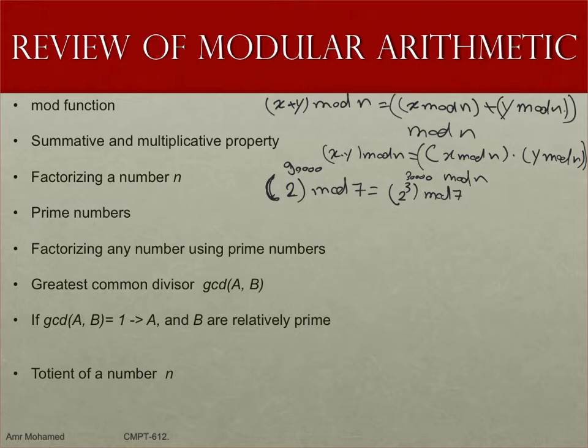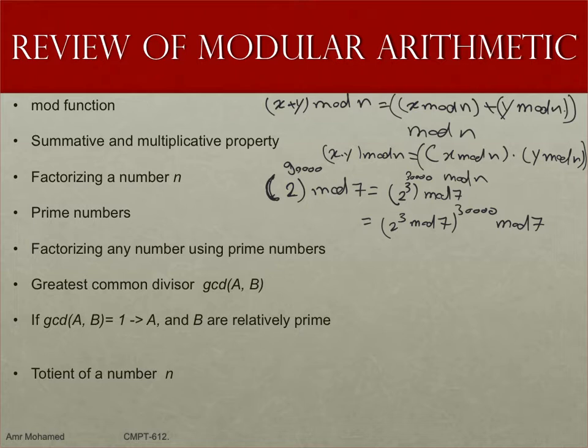So it becomes (2 to the power 3 mod 7) all to the power of 30,000, mod 7. What is the answer now? So this is 8 mod 7, which is 1. So the answer is simply 1.